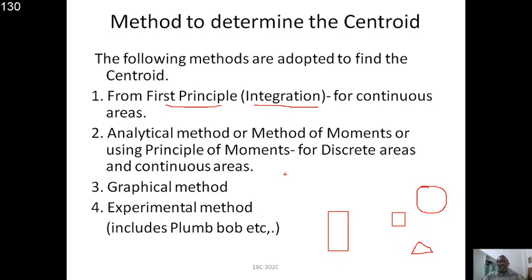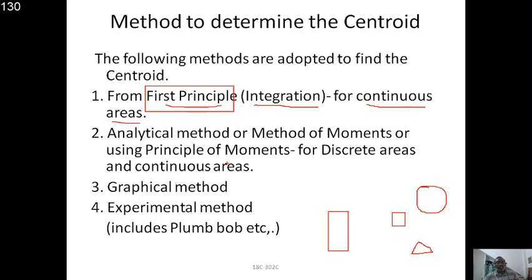It can be applied for discrete elements also, that is, discontinuous ones, but it takes a lengthy procedure to solve the equations. Hence we avoid it for discrete elements, but we use this first principle method for continuous areas, right?